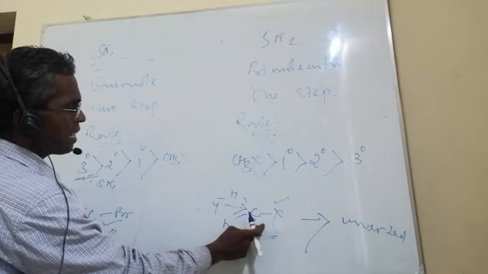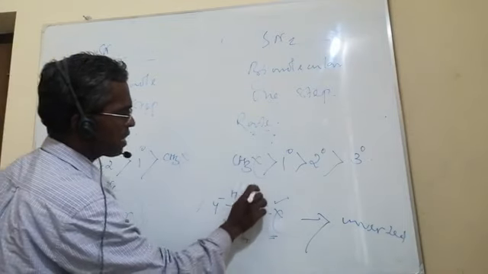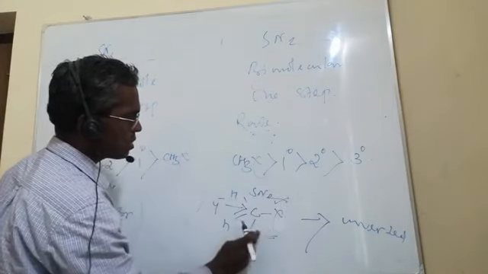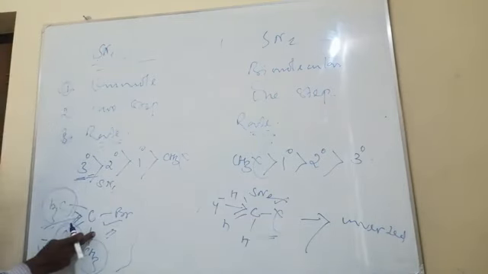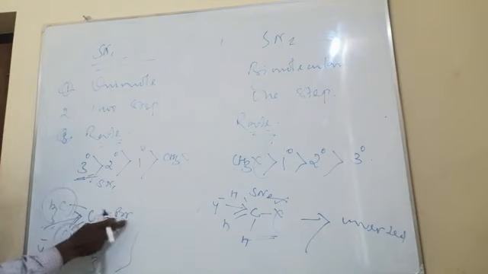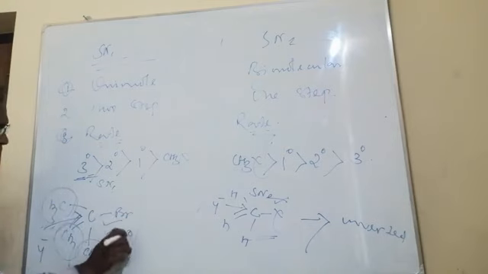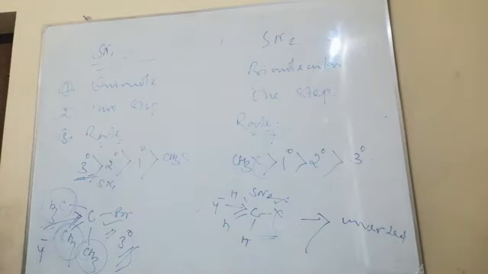Why is simply methyl halide favoring SN2? SN2 is possible in the case of methyl halide, it smoothly takes place. SN1 is possible in the case of tertiary butyl bromide, that is tertiary alkyl halide. Tertiary halide favors SN1 and SN2 is favored by methyl halide.